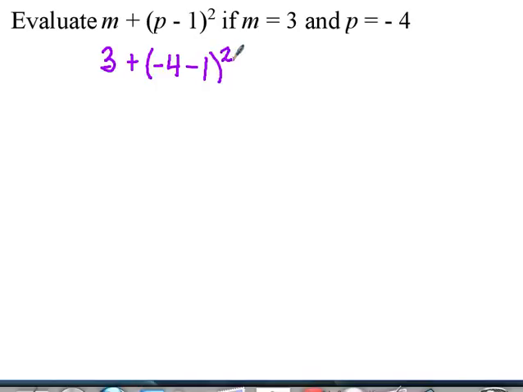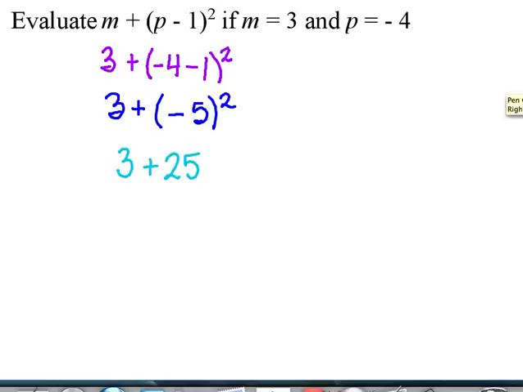Then this is just a basic expression that we need to solve. The very first thing I'm going to do is parentheses. -4 minus 1 is -5. What am I going to do next? Square it. When I square -5, I get 25. So my answer is actually 28.